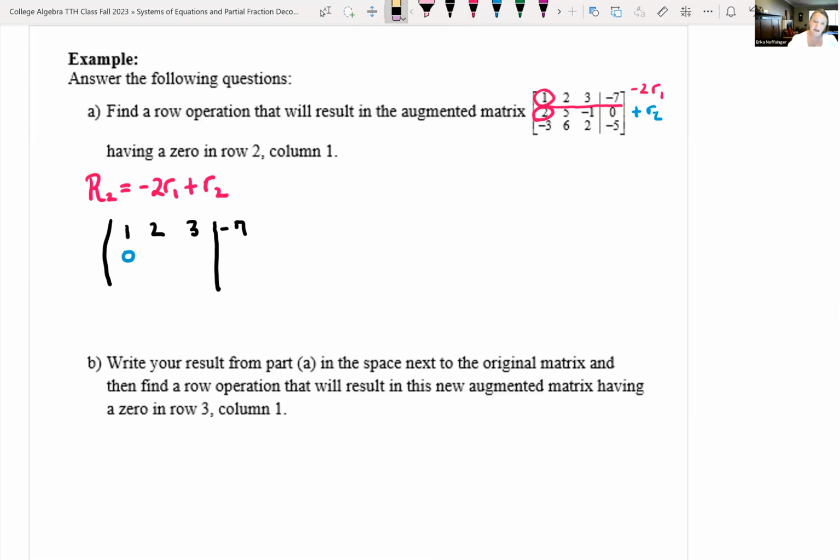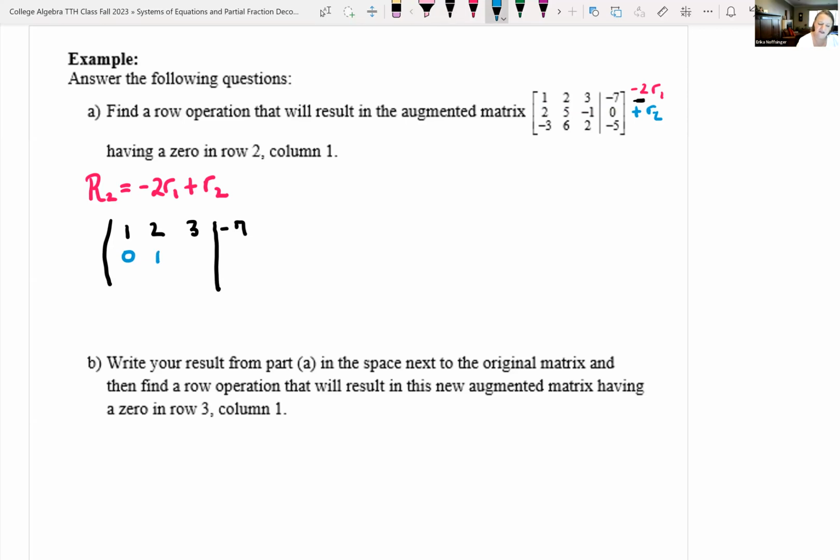Going to the first row, second column, I'm looking at this entry 2, multiplying it by this -2. 2 times -2 is -4, plus the entry below, which is a 5. So I have -4 plus 5. This is going to give me a 1.